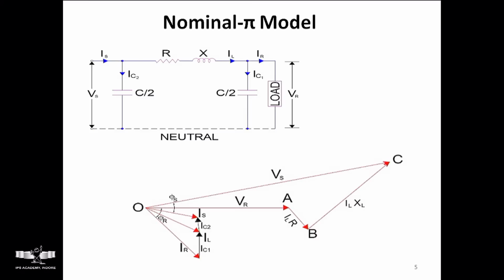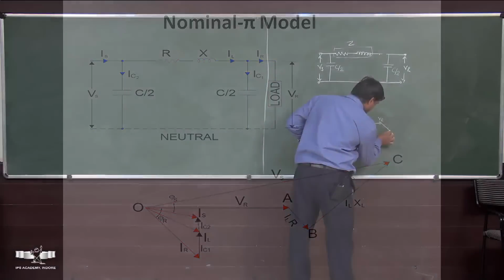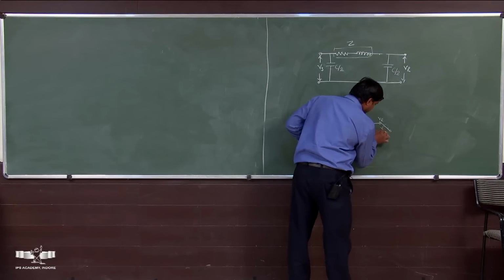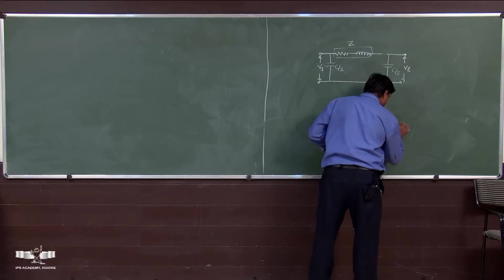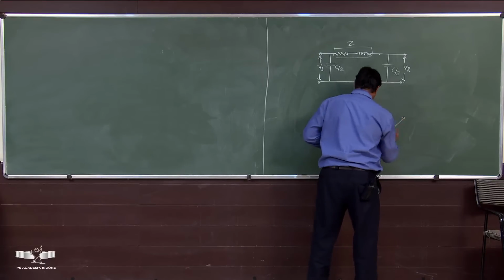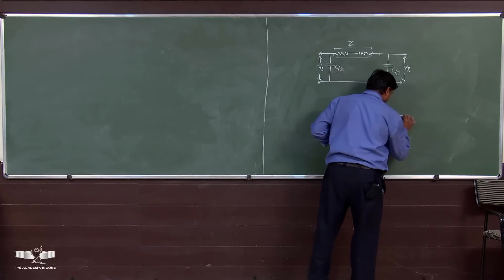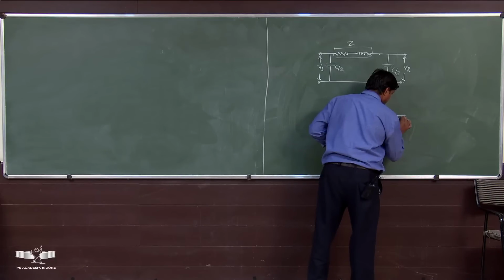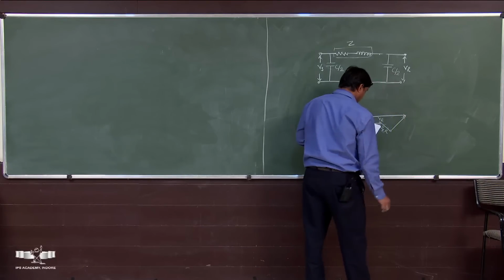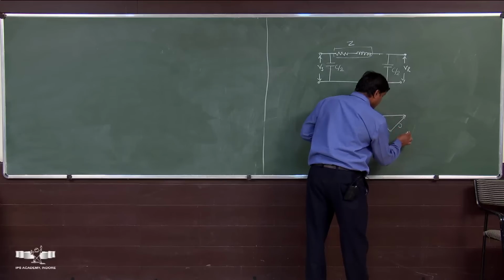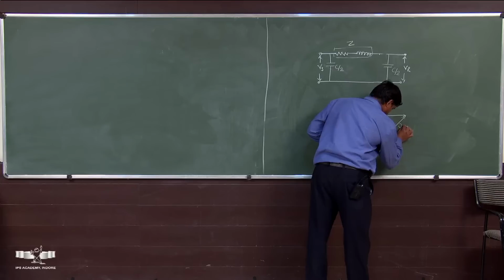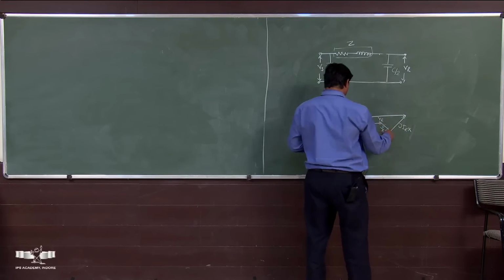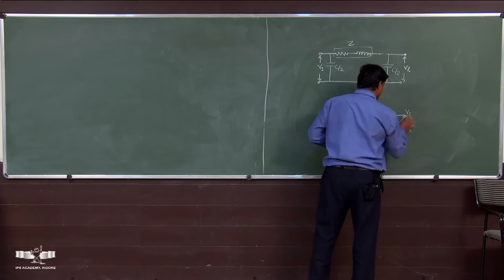To this phasor we add the drop IR into R. This phasor represents the drop of the reactive component, j IR into X, and the resultant of all these phasors is the sending end voltage.